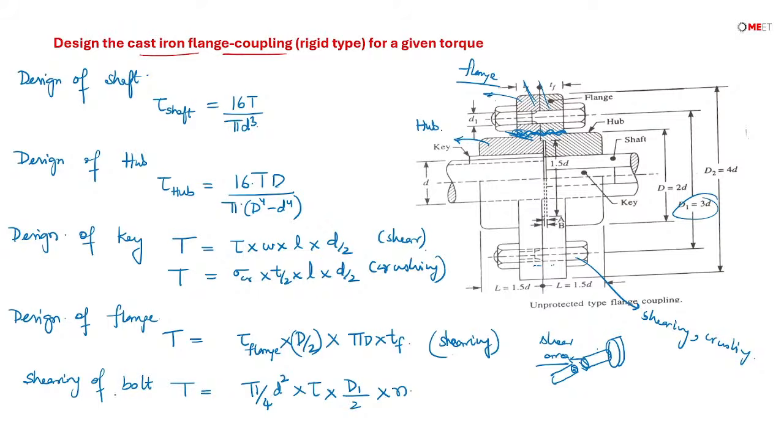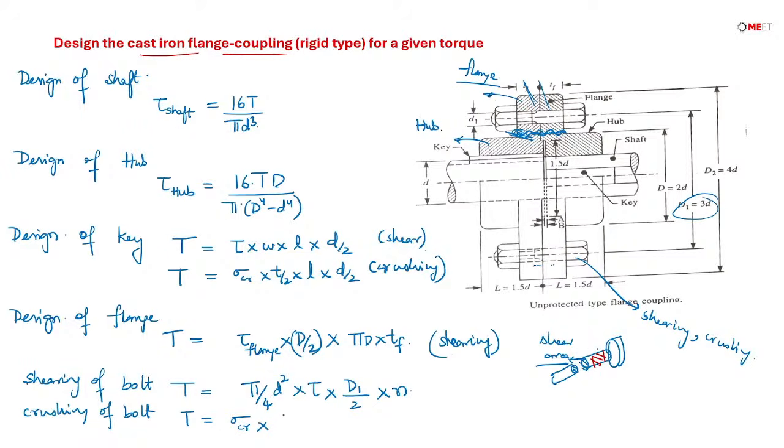Next is crushing of bolts. Crushing here will be crushing stress into crushing area. When the bolt is being crushed, it is going to look like a rectangle, so the lateral surface is going to be crushed.